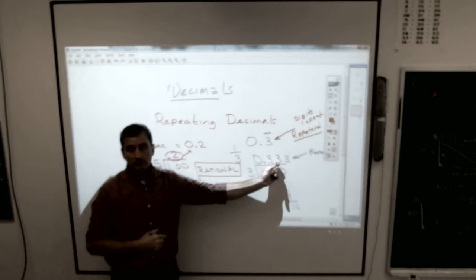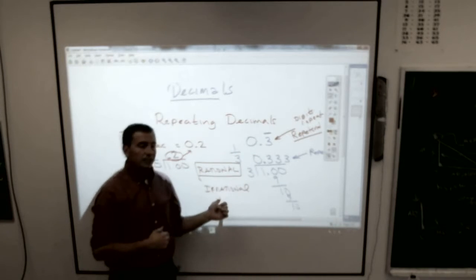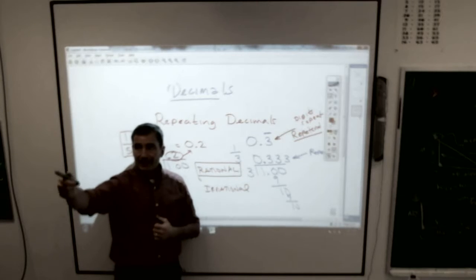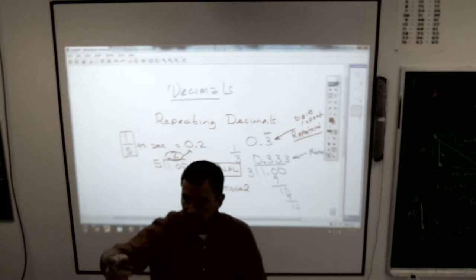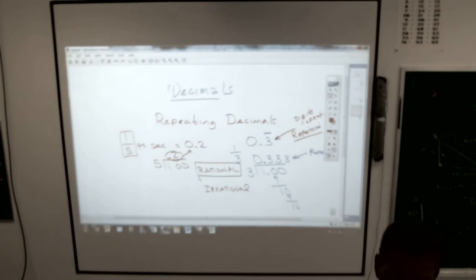A repeating decimal always comes from a fraction. Irrational numbers are decimals that never end but do not repeat. If you look at pi, you look at all those decimals in there, nowhere in there is a pattern of digits that repeat. Pi is irrational because it just never works out.